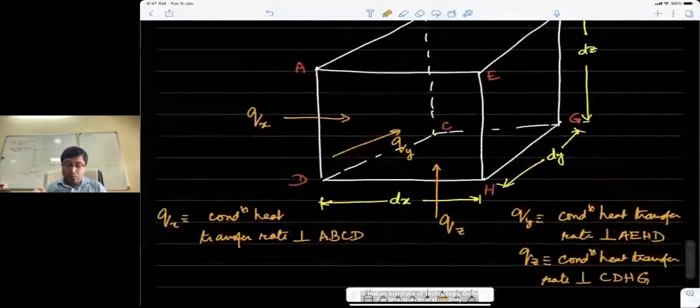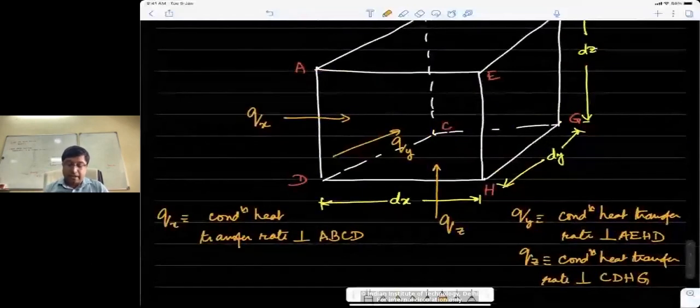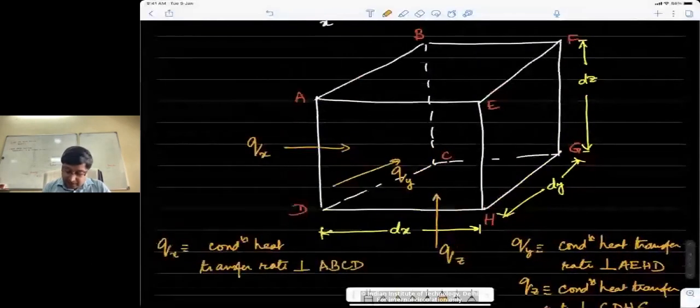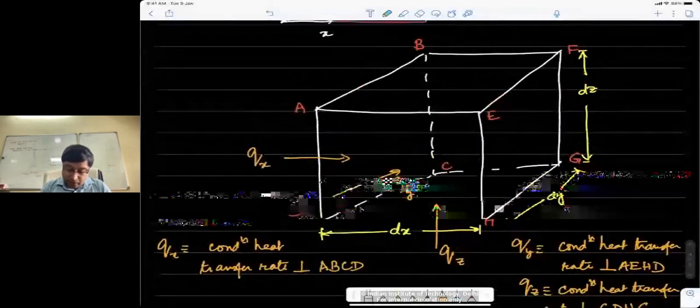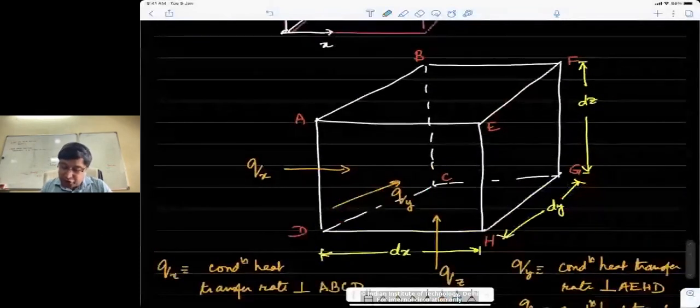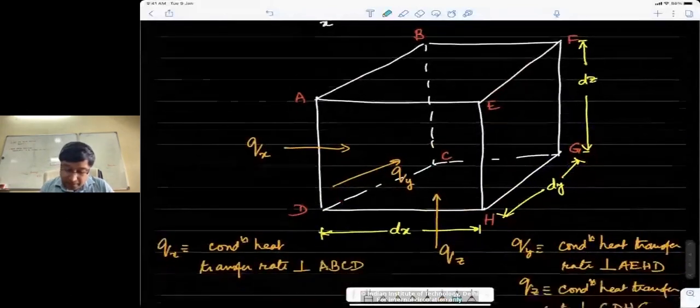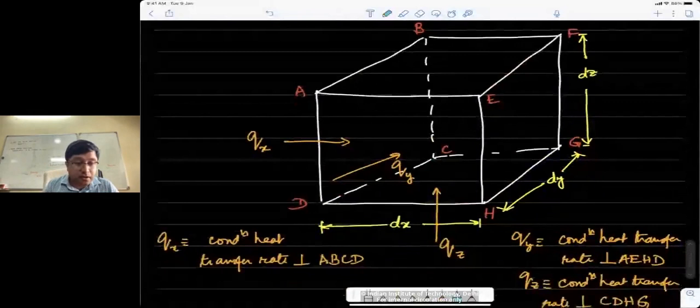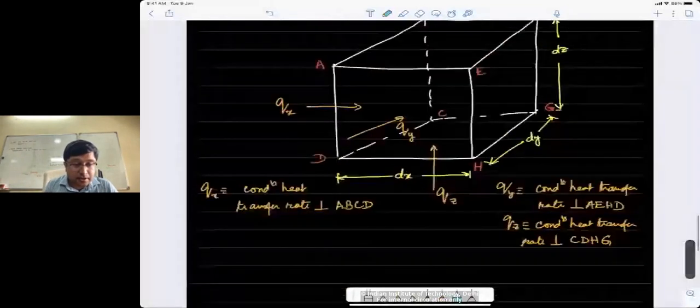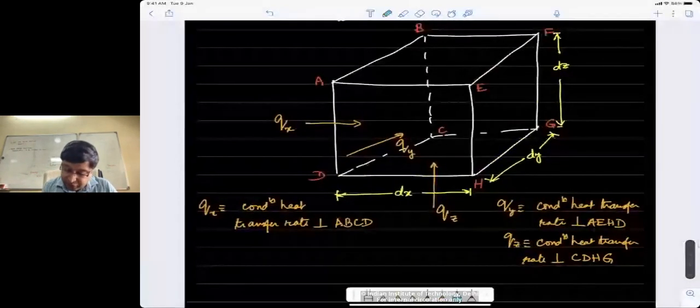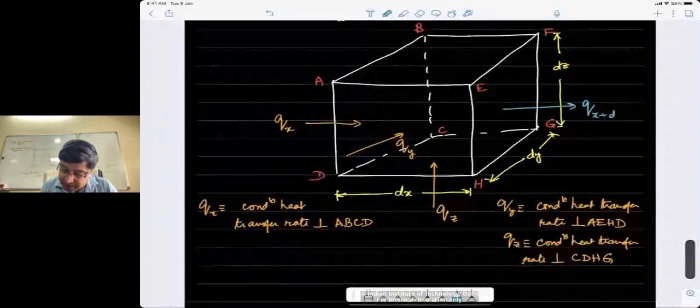Correspondingly, because we're doing a differential analysis, I can say that on the face EFGH, which you can hopefully see on the screen, and maybe let me make it a little smaller so that you can see the entire sketch. So on the face EFGH, let's say we have heat transfer going out, which is Q at x plus dx.